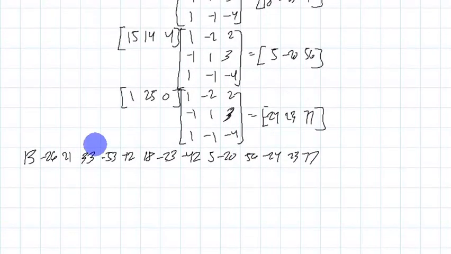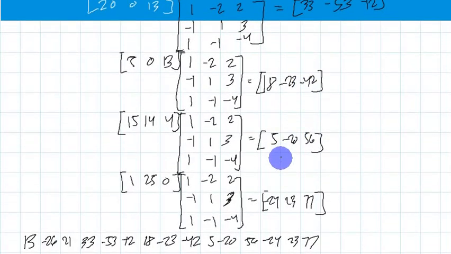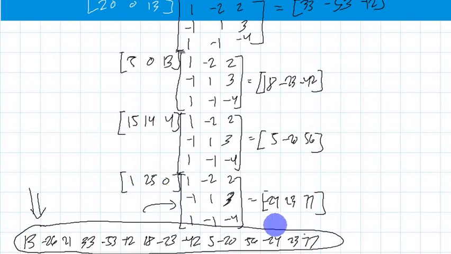All of these numbers came from these numbers here. This is a message that you can send to anyone who has the authorized key and will be able to decode it. That's an example of encoding our message using matrix operations.